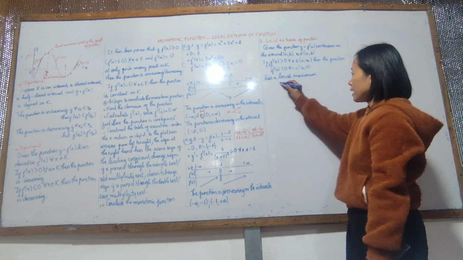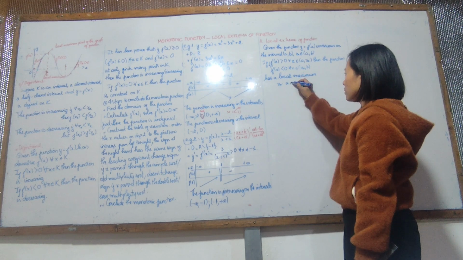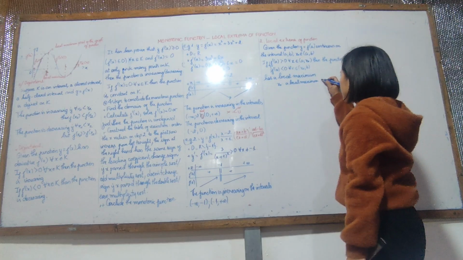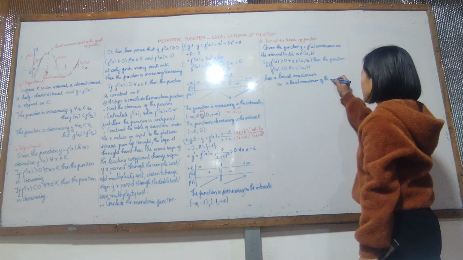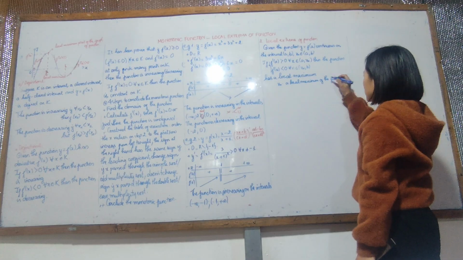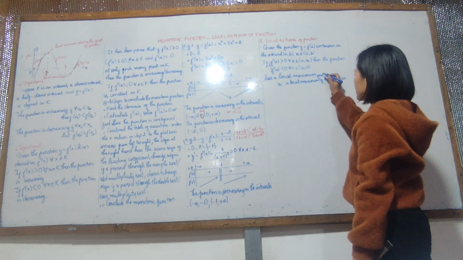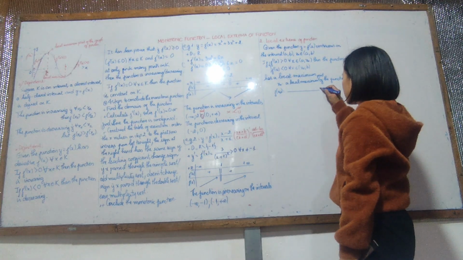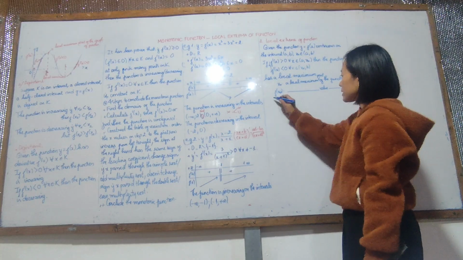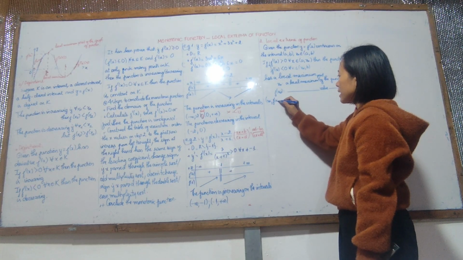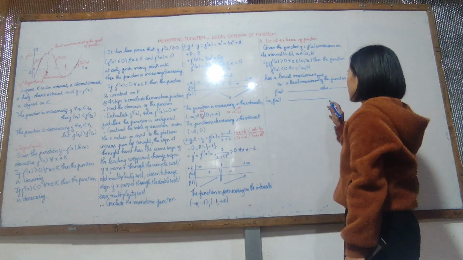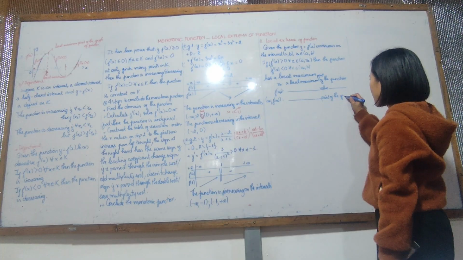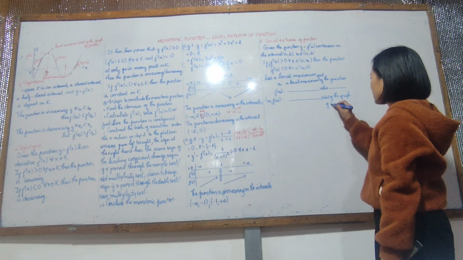In this case, x0 is a local maximum point of the function, and f(x0) is called a local maximum value of the function. (x0; f(x0)) is the local maximum point of the graph of the function.